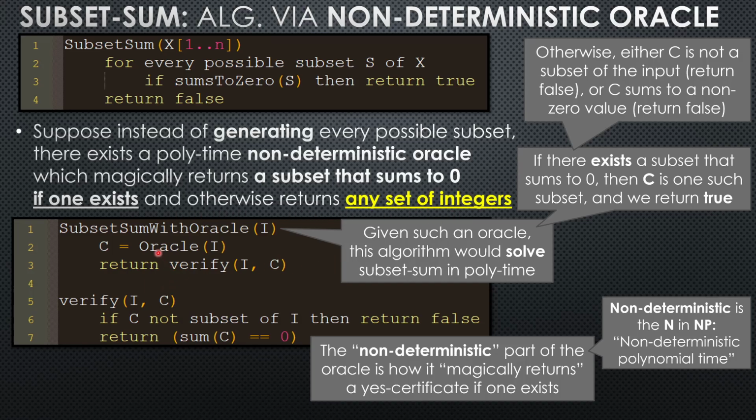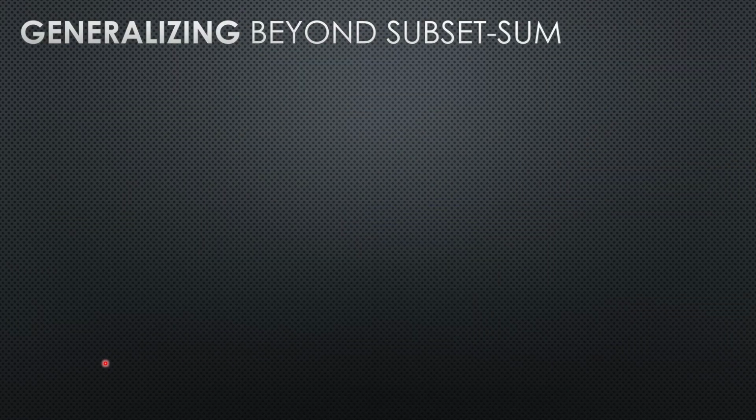And then, under that assumption that you have that oracle, we can solve the problem using a polytime certificate verification algorithm that we can write that runs in time polynomial in the size of the input. Then the problem is in NP.